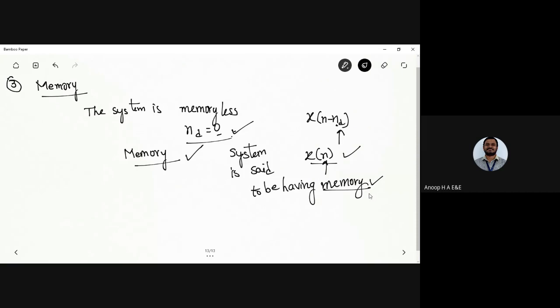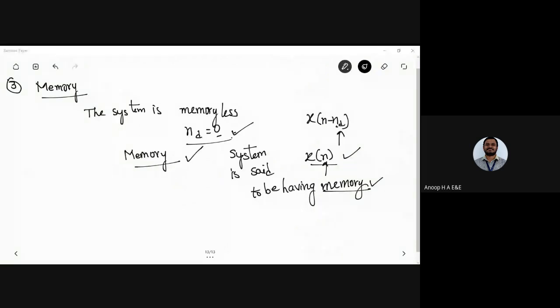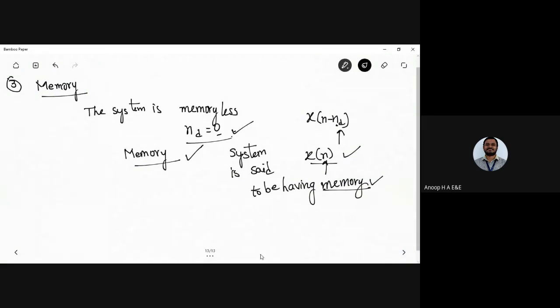Okay. Now next, how do you say it is causal? Anyone in the meeting, can you let me know how you can say it is a causal system? How will you come to know whether it is a causal system or not? Causality is verified to decide whether you call this a causal system or not.